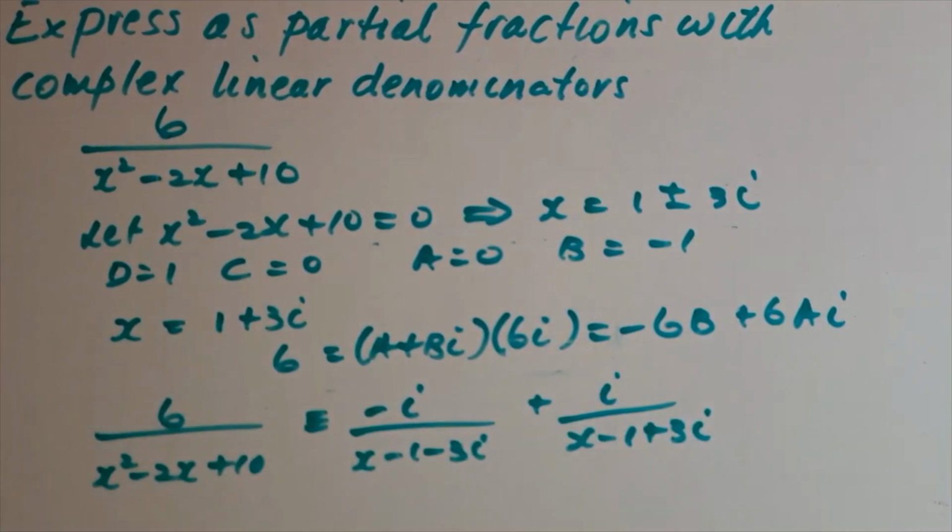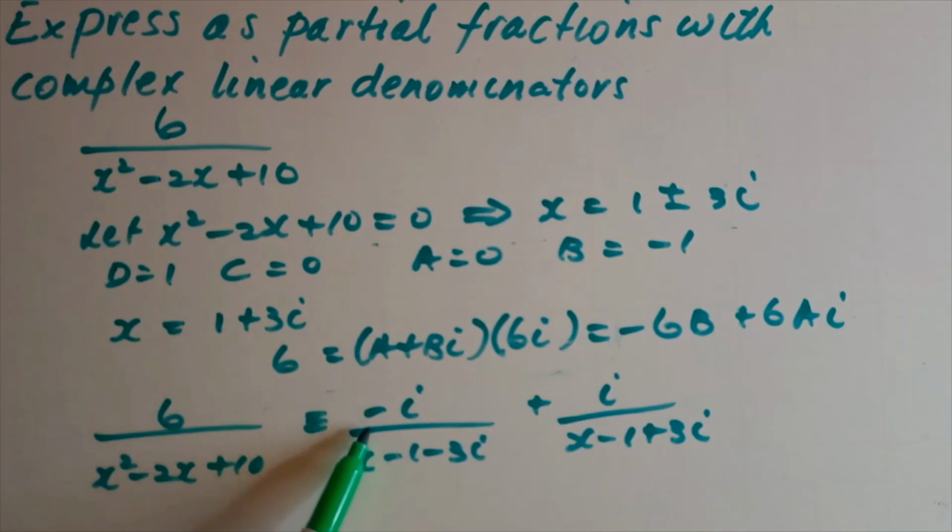If you're wondering where is 1 and -1, it is here. This is -1 here. The coefficient of i multiplied by i will give us -i, and 1 times i is i.